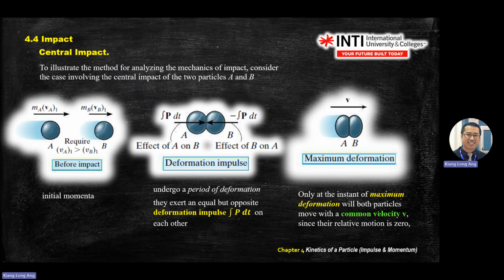For example, if you are B, you feel something from your back. So the force is positive, because it is in the same direction as your motion. This is the highlight of when you can apply mv plus impulse equals momentum after.